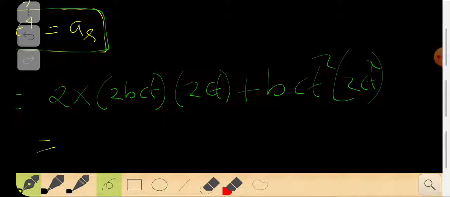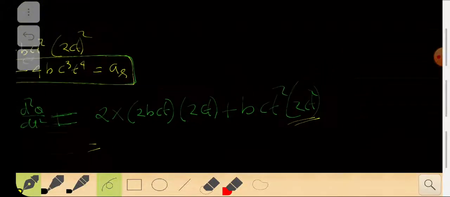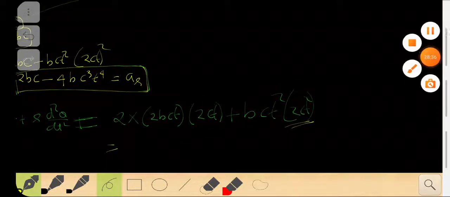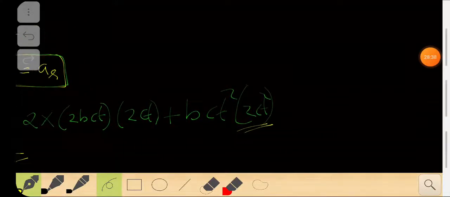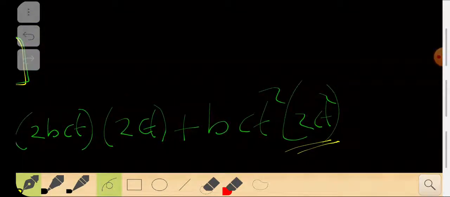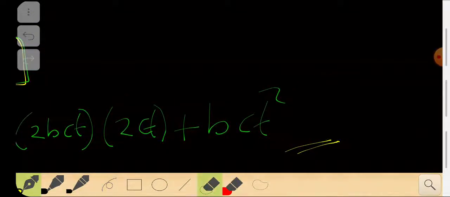Now let's simplify it further. So what you get is 8... so that's not bct², so I have made a mistake. d²θ/dt² was just 2c, sorry about that, that's a mistake I shouldn't have made.